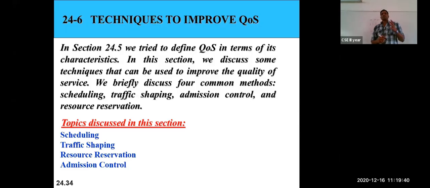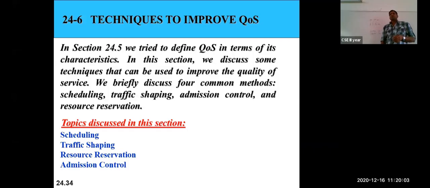So now in section 24.5, in the previous section, we tried to define what QoS is in terms of 4 characteristics: bandwidth, delay, jitter, and what was the first one? Reliability. Right? In this section, we discussed some techniques that can be used to improve the quality of service.